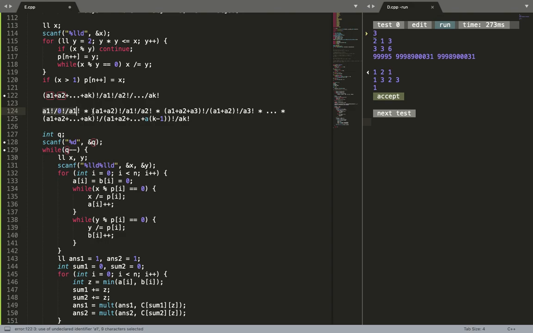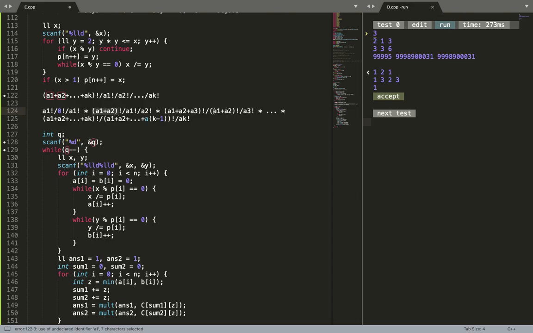So these are binomial coefficients that I'm multiplying here, and you can see that this is just one, and this and this are equal. I'm multiplying by this and then dividing by this.